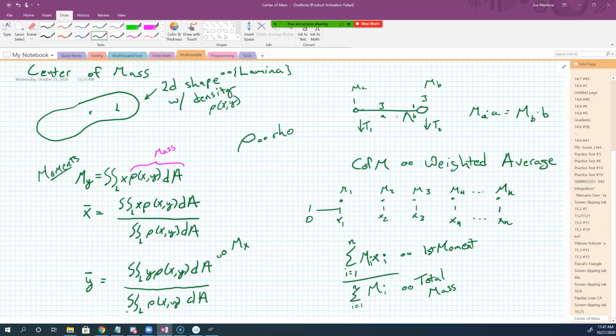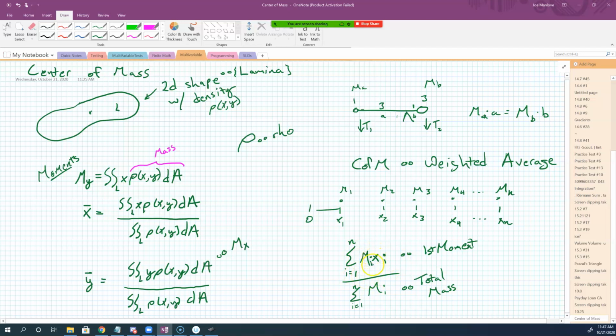Any questions about this broad idea? I actually have a question about the moment itself. Sure. If you just took the moment, what would that give you? Like, what is the value of the moment without averaging it? Yeah, that's a solid question. So let's think about the units on it just for kicks.